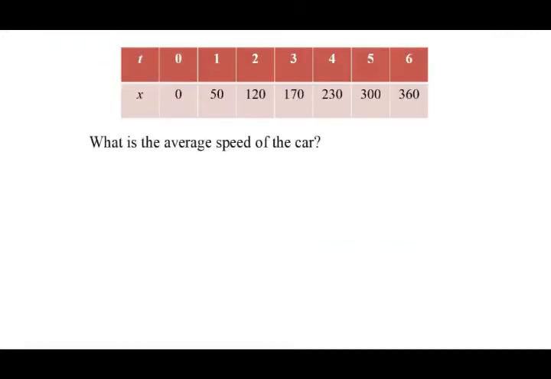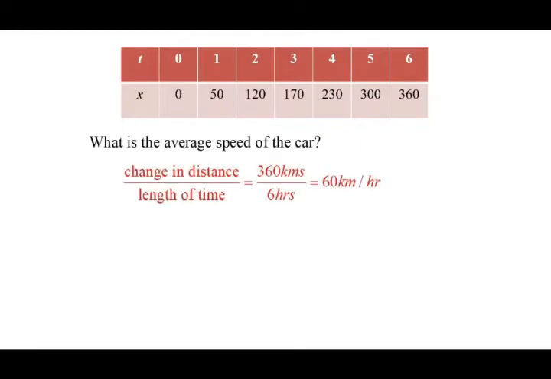So what is the average speed of the car? There is a change in distance and also the length of time. Since the car traveled 360 kilometers in 6 hours, 360 divided by 6, we can say that the average speed of the car is 60 kilometers per hour.